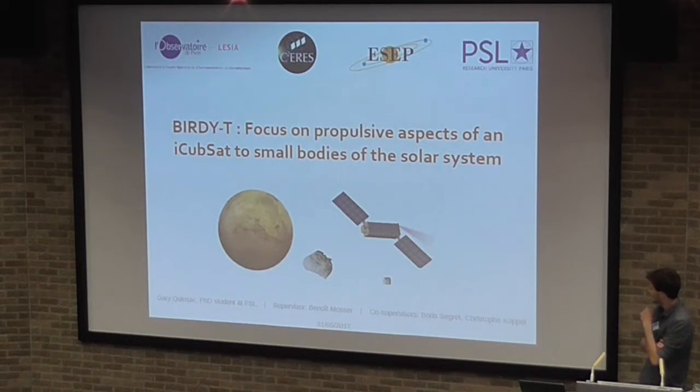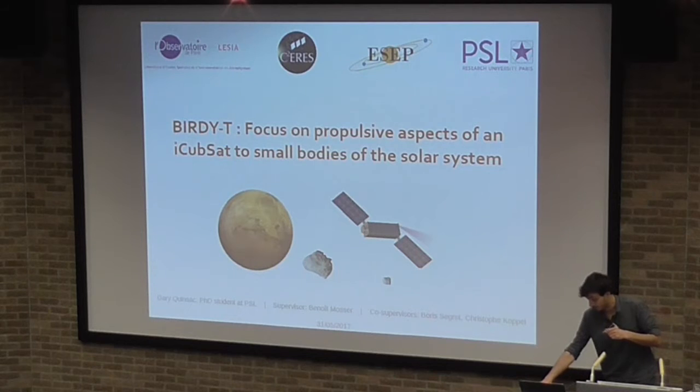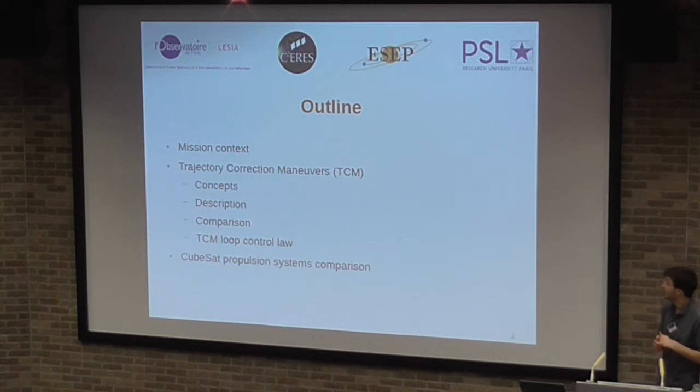And I will be talking more about small bodies because we have different contexts, but this is what I'm going to focus on today, and the propulsive aspects for such studies. So the outline of my presentation: first I will introduce the different mission contexts that we are working on, and then I will talk to you about the trajectory correction maneuvers, so the TCM, that we need for our concepts.